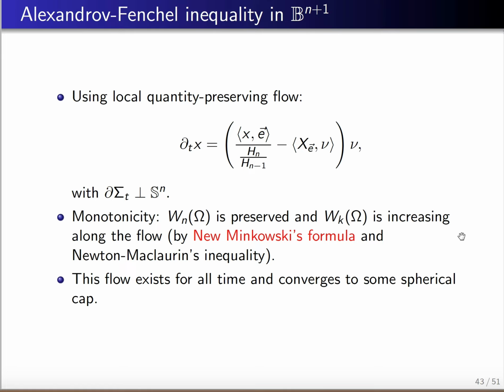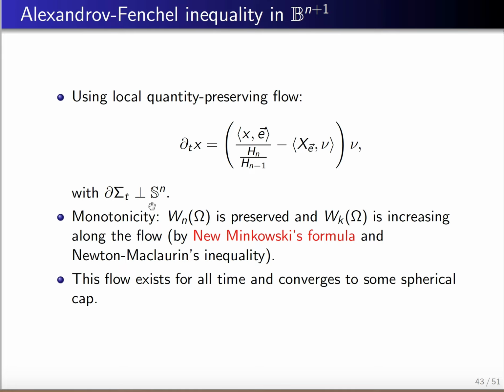Yeah. Our proof uses the local quantity preserving flow. It seems the speed is very complicated, but it involves the conformal Killing vector field X here. So we assume the boundary condition for the flow is that the boundary is free boundary.